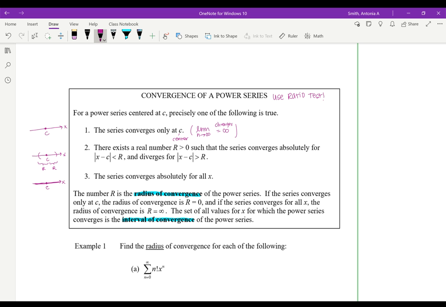Also remember that this means your r is 0. Your radius of convergence is 0 because there's no interval around c that includes any other points for which it converges.